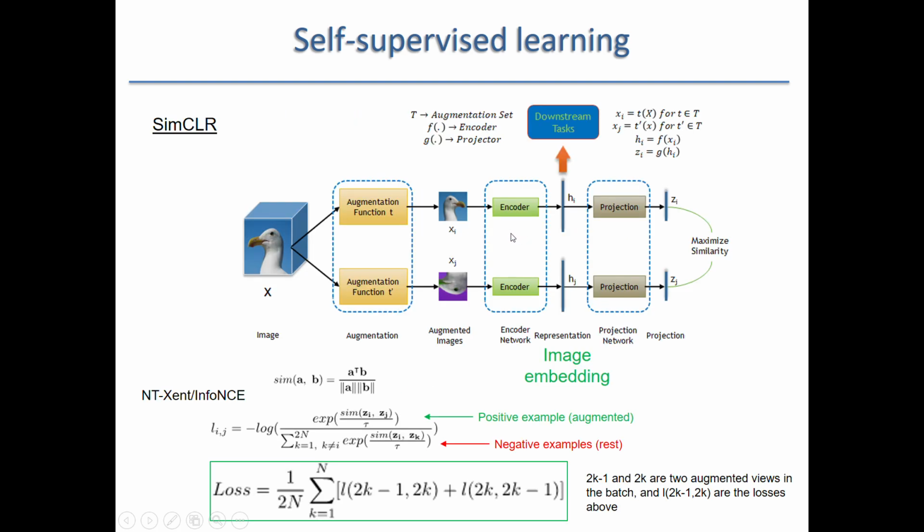Here we have another example of self-supervised learning. Again the goal is to have useful embeddings of the patches. Let's say that we have an image and we perform some data augmentation. We use two data augmentation functions, so we have an input data and then we produce two augmentations. These two augmentations go through an encoder and produce two embeddings.